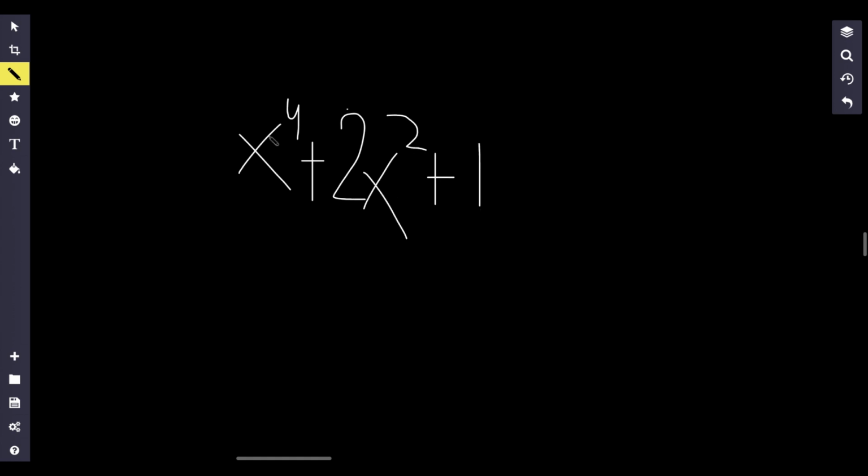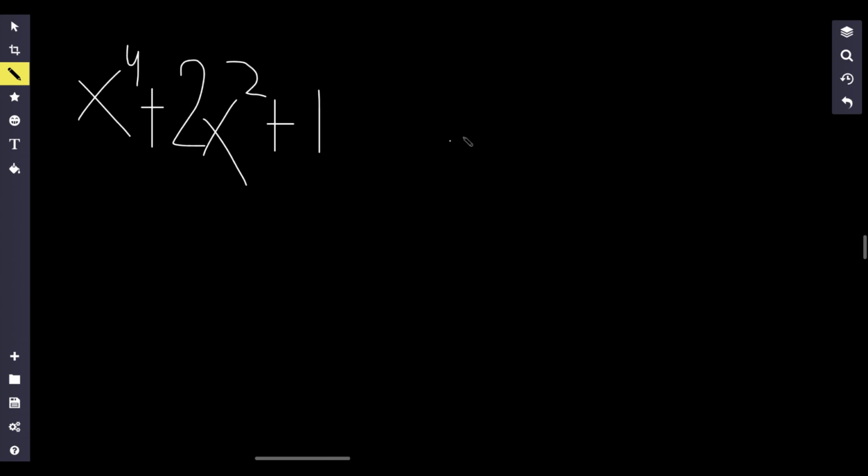You can also do factoring for higher terms. So if I have x to the 4th power plus, let's say, let me think of a good one. Let's say 2x to the 2nd power plus 1. How can I factor this? This might be a little bit tricky. Well, think about how you would factor x squared plus 2x plus 1. How would you factor this?